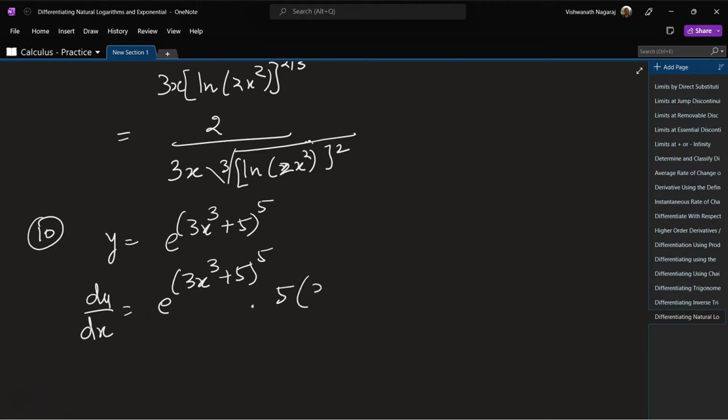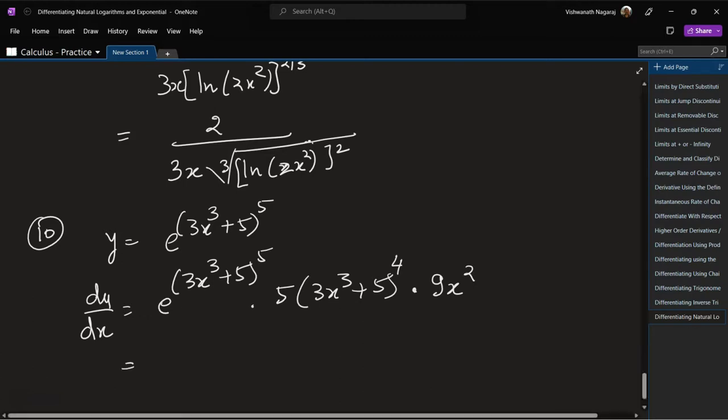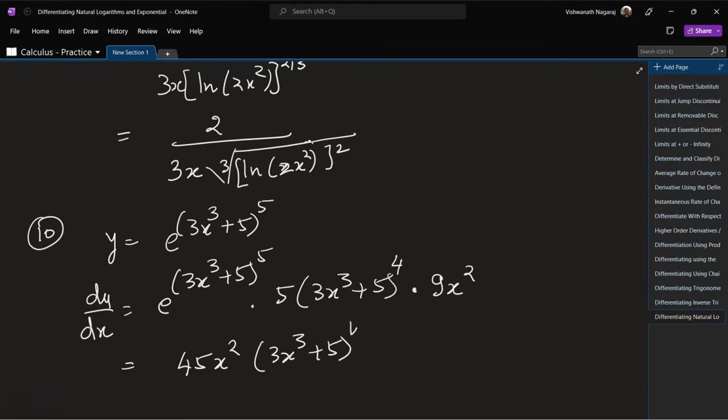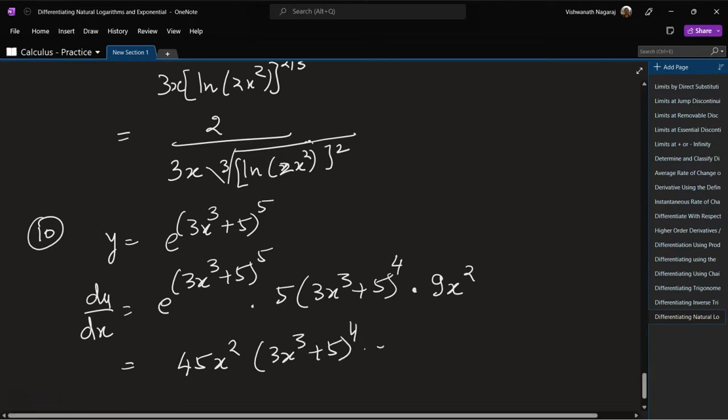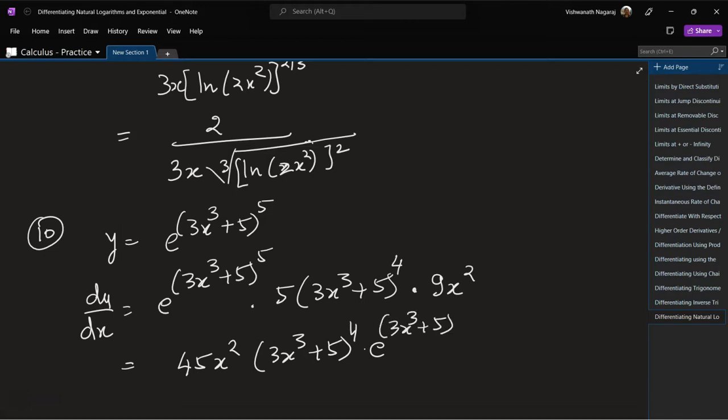So 5, 3x cube plus 5, 5 minus 1, 4, times 9x square. So the derivative becomes 9 5s are 45x square times 3x cube plus 5 to the power of 4, times e to the power of 3x cube plus 5 to the power of 5.